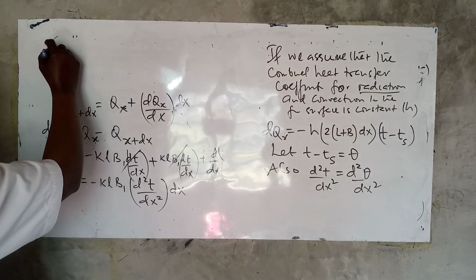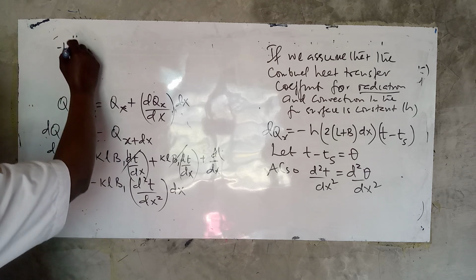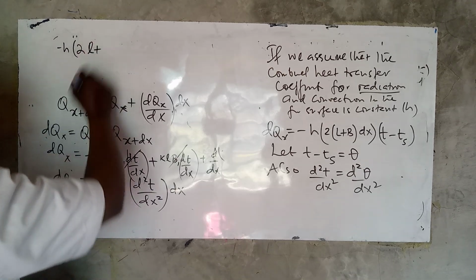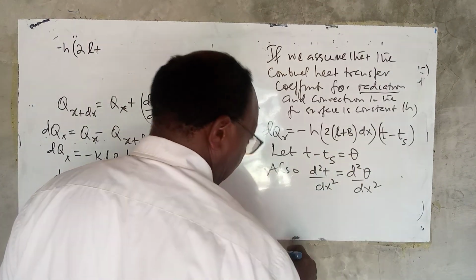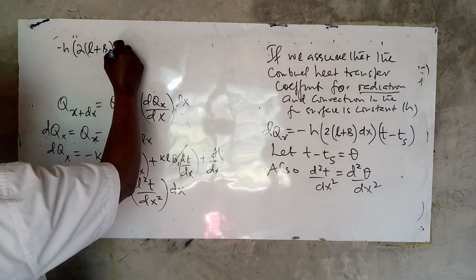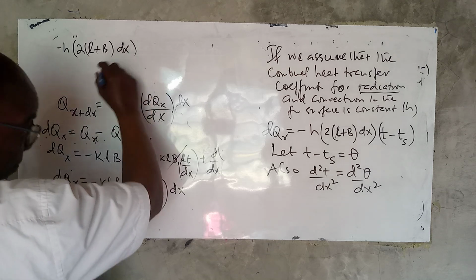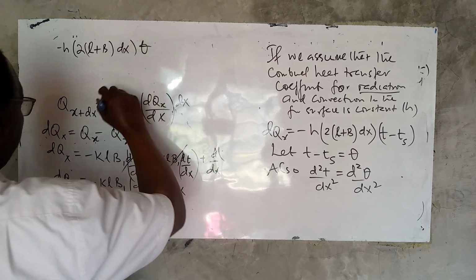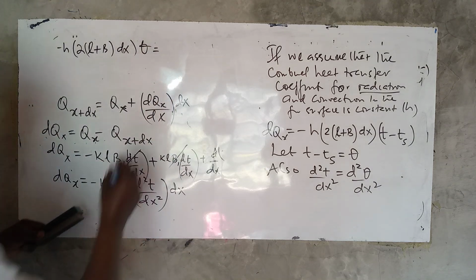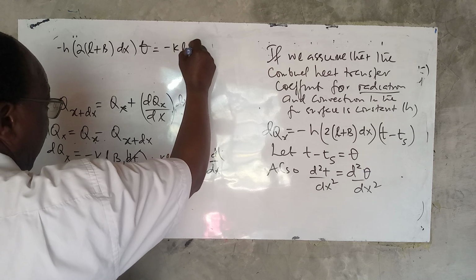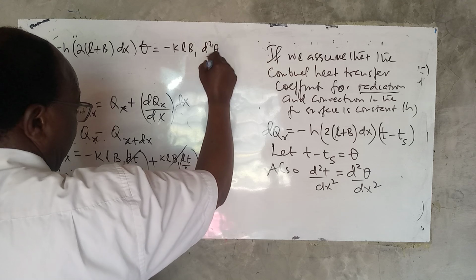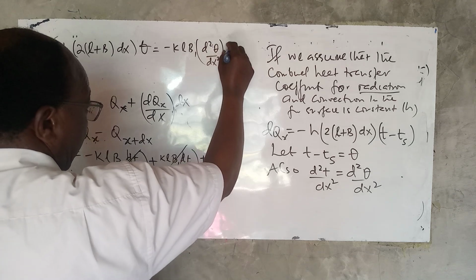So we are saying that minus H into 2L plus the small l, plus b, dx, into theta, must be equal to minus k l b1 b2 d2 theta over dx squared dx.